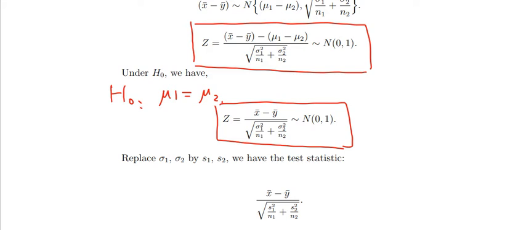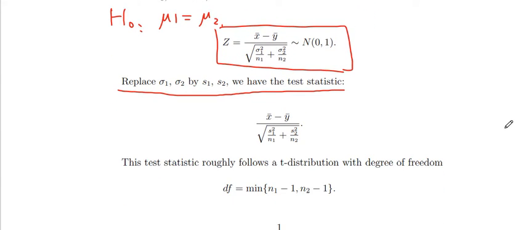But the question is, we don't know sigma 1, sigma 2. So we replace sigma 1, sigma 2 by s1, s2. So this is our test statistic, x bar minus y bar over that. We can easily calculate this number.